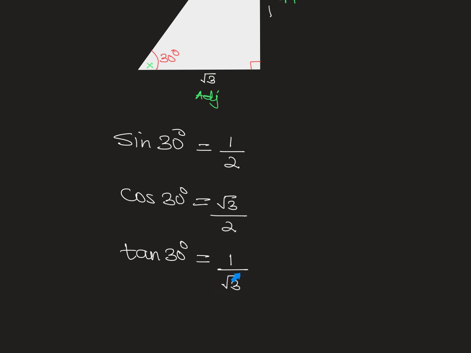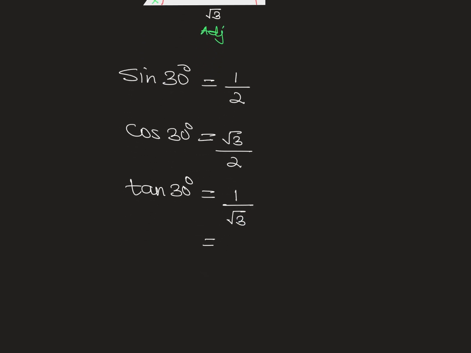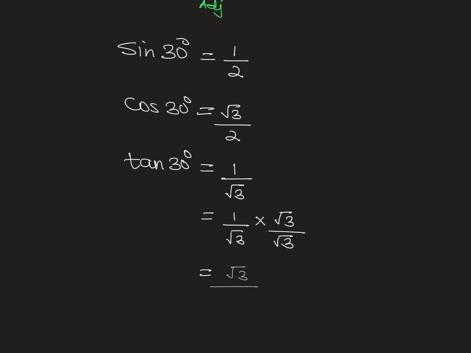We're going to multiply both the numerator and the denominator by root 3. That is the same as 1 all over root 3 multiplied by root 3 divided by root 3. Okay? This is what we call rationalization. So 1 times root 3 is root 3, all over root 3 times root 3 is root 9, but we know that root 9 is the same as 3 because the square root of 9 is 3. So I will write 3 directly.